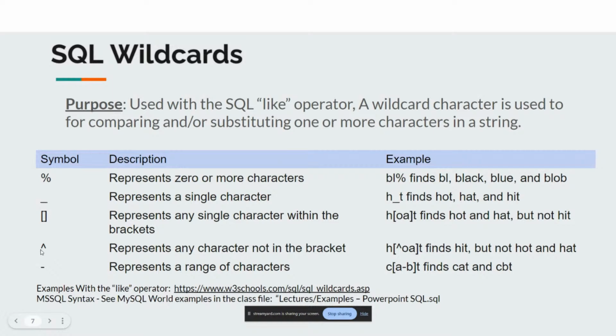All right, so you have the caret. That's kind of like a NOT operator. In this case it would find hit, but exclude hot and hat. And then a dash is a range of characters. So c[a-b]t would find cat and cbt, because it goes through that list.